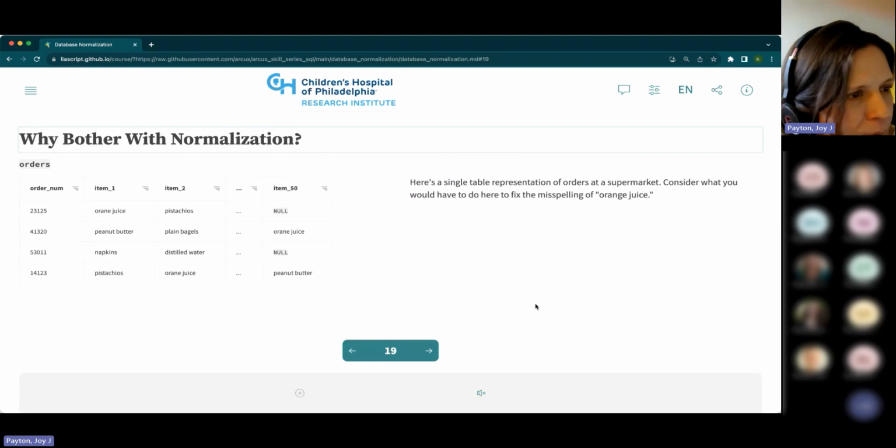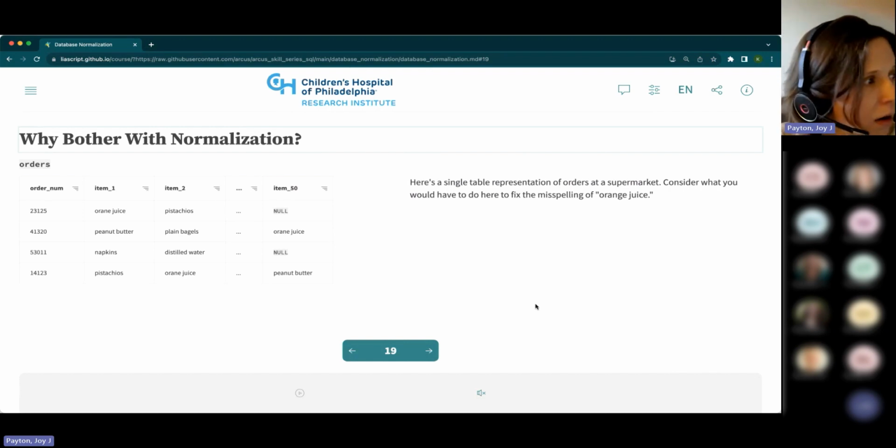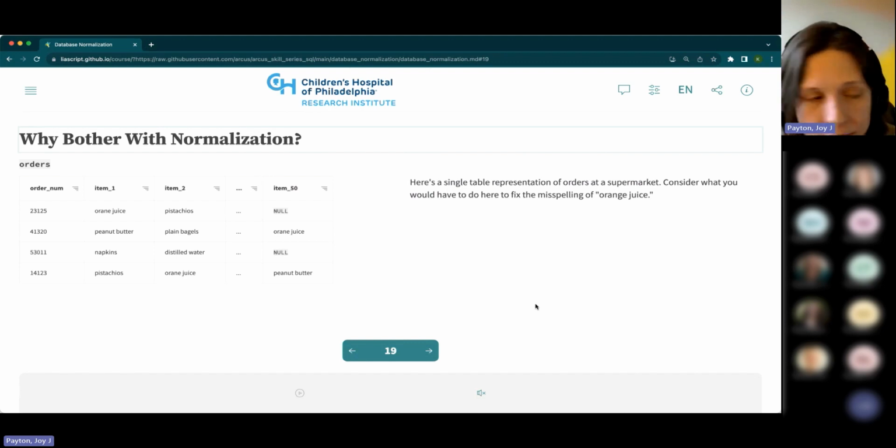So we have an example here at a supermarket. When somebody set up the point of sale system, they misspelled orange juice. And so now we have to correct that error. So this is a non-normalized set of data. This is trying to get everything on one row. Every order is one row, so we have 50 different columns.